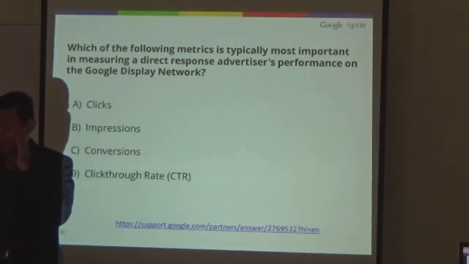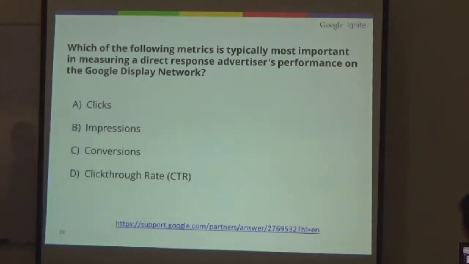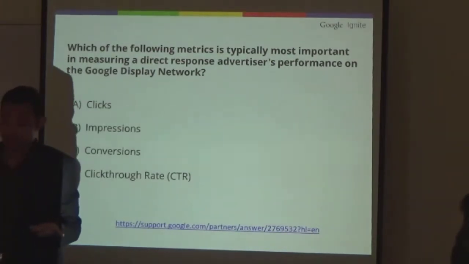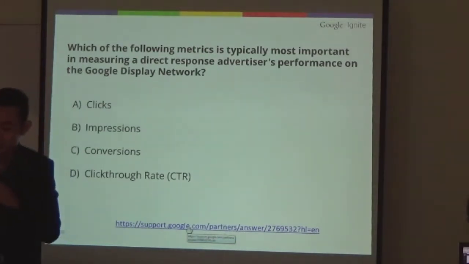How about clicks? Clicks, impression, conversion. Is the direct response metric about conversion or CTR? Sometimes when you come across this kind of terminology, these are giveaway questions. It's not difficult, it's a matter of familiarizing yourself with the kind of metrics correlated with direct response.